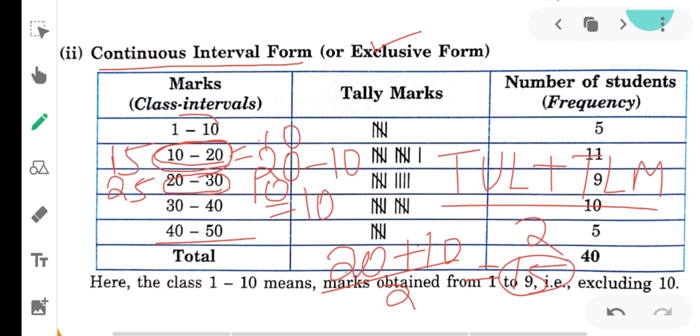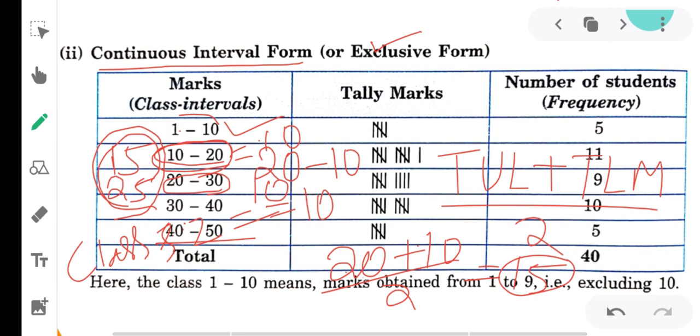And the difference between two successive class marks equals the class size. This is very, very important. Class size means the difference between the true upper limit and the true lower limit. Another formula is the difference between two successive class marks, for example 15 and 25, equals the class size.